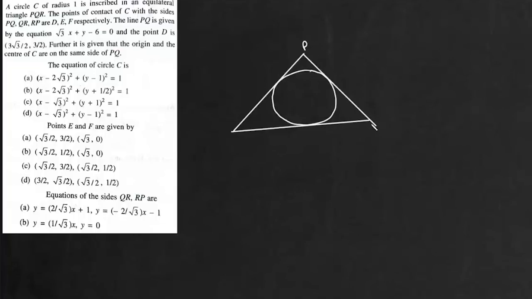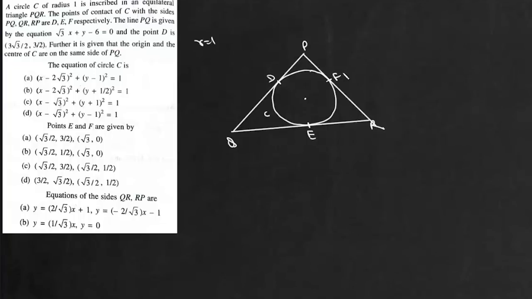So this is P, this is Q, and this is R. This is the circle C. The radius of the circle is 1 unit. The points of contact of C with the sides PQ, QR, and RP are D, E, F. So this is D, this is E, and this is F.